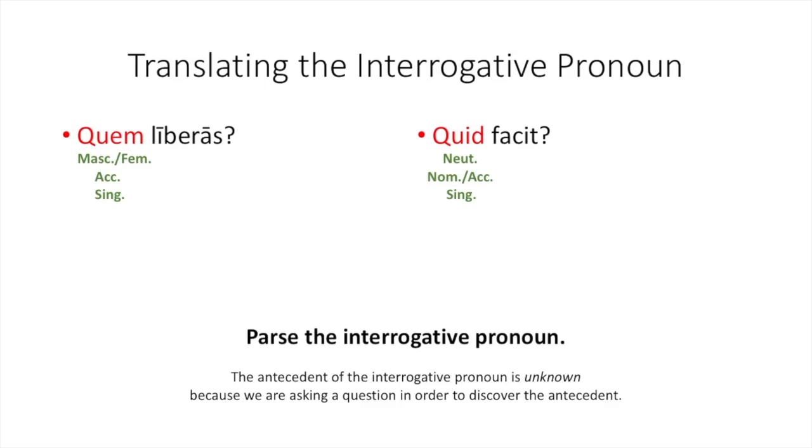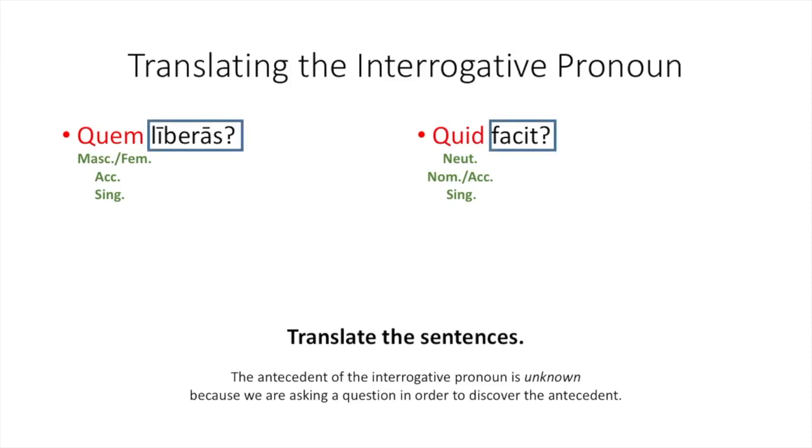Now that we've parsed them, we need to translate our sentences. This is fairly simple with these two word sentences, and also when the other word has to be your verb. So I'll let you try this and then I'll show you the answers.